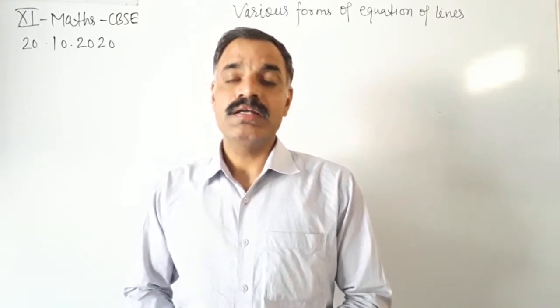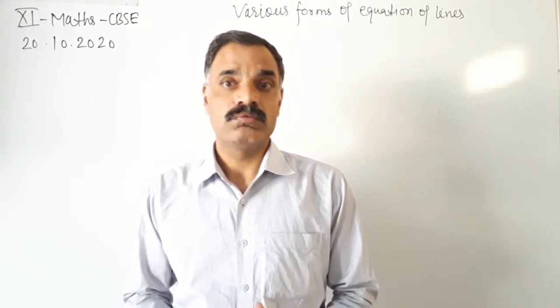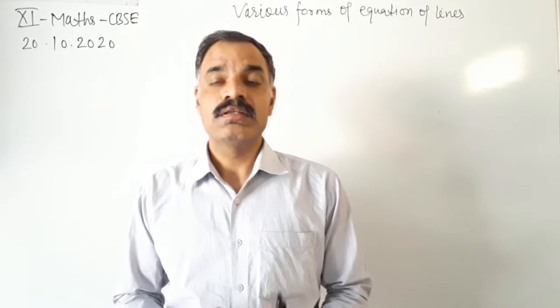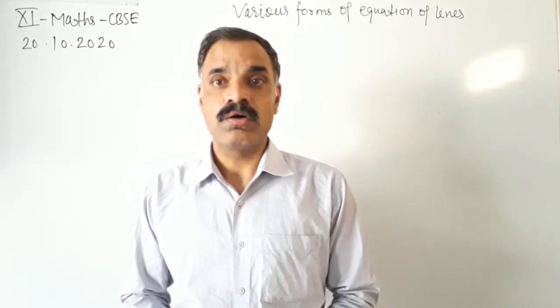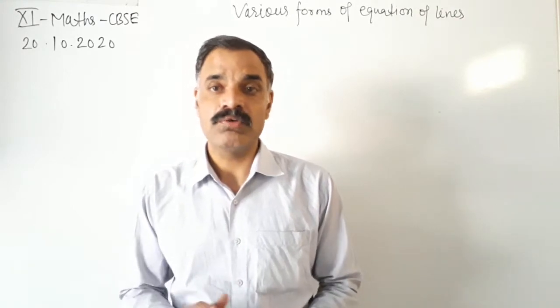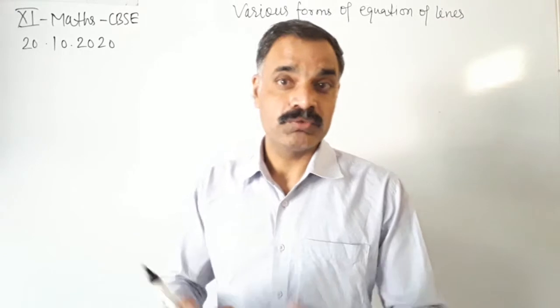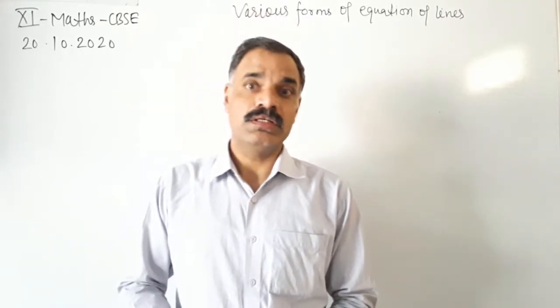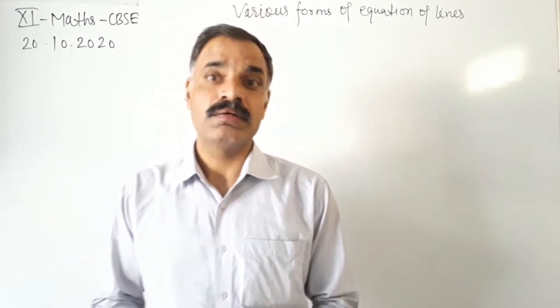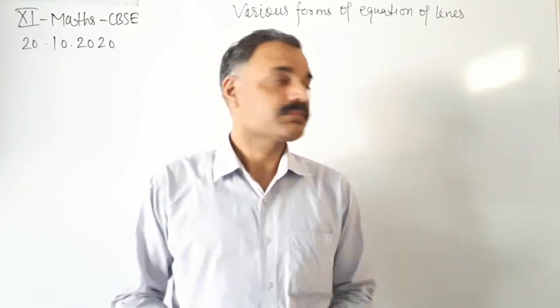We can find the different forms of the equation of lines if we know only two things: one point and one slope, or two points on the line. By this information we can find the different forms of the equation of the line. So today we will discuss the different forms of the equation of lines.